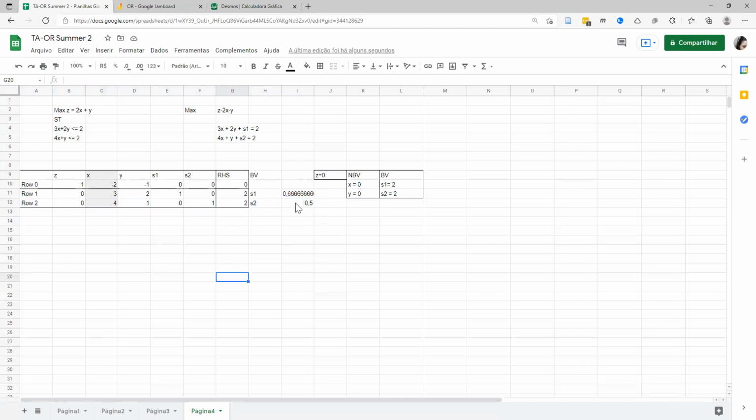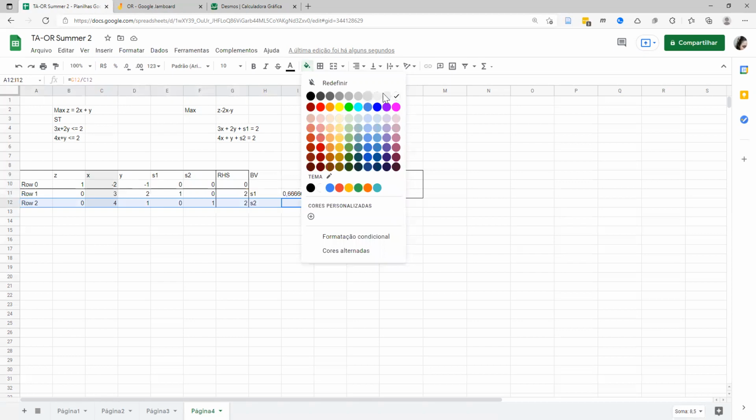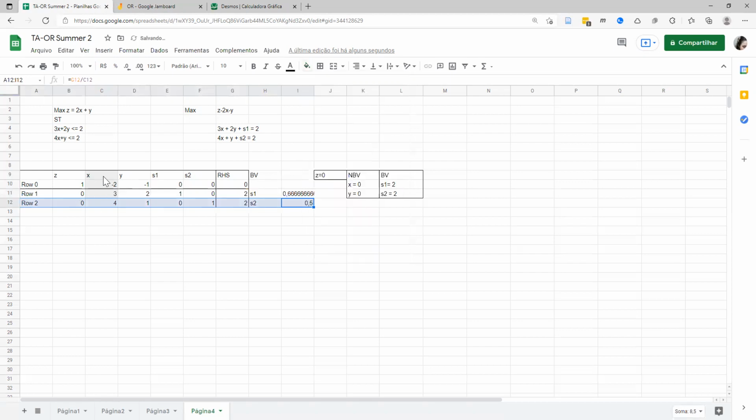And what that means is that the limit for me to grow x is going to be given by this constraint. If I want to grow x, and y is 0, and S2 has some value, I will decrease S2 and increase x by some amount.